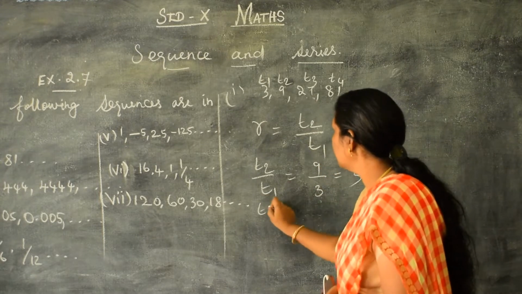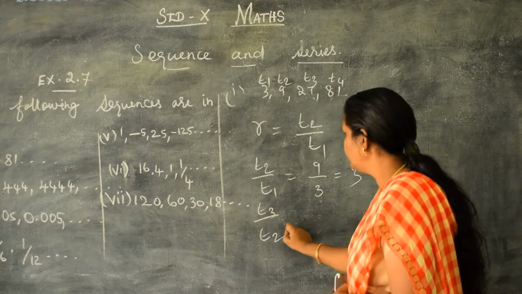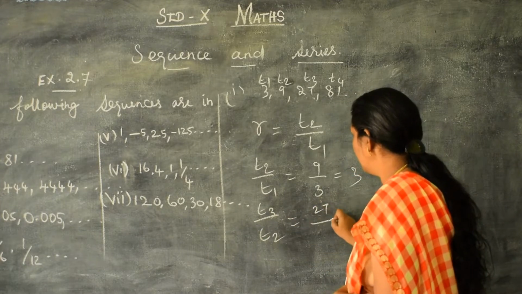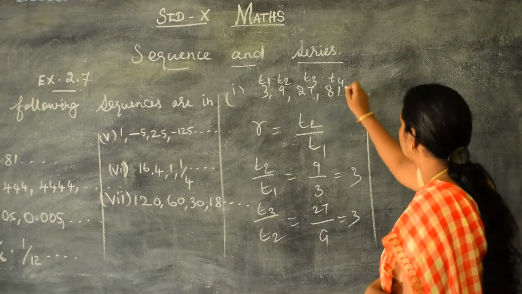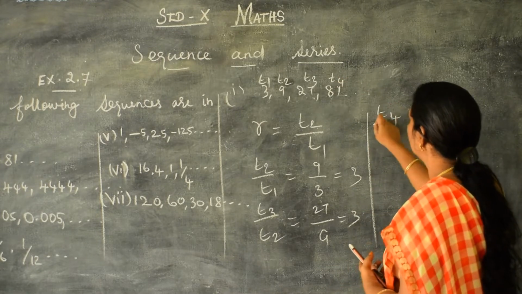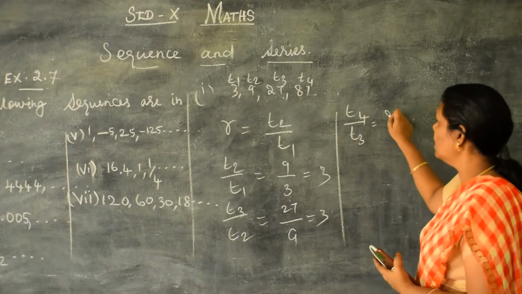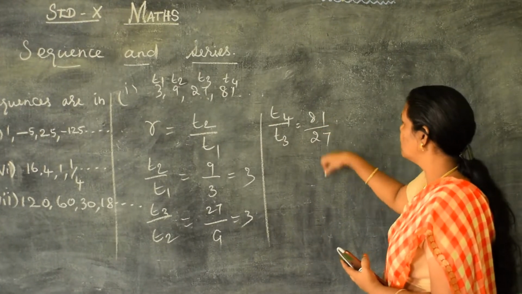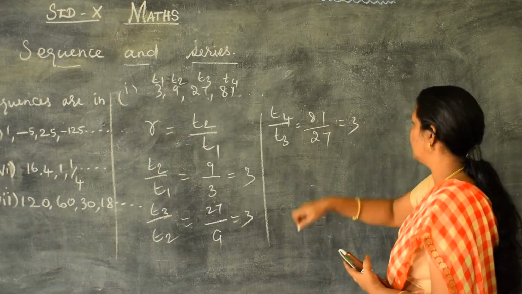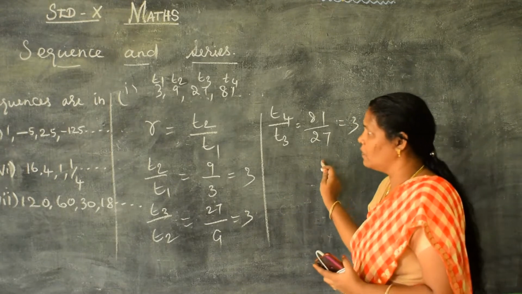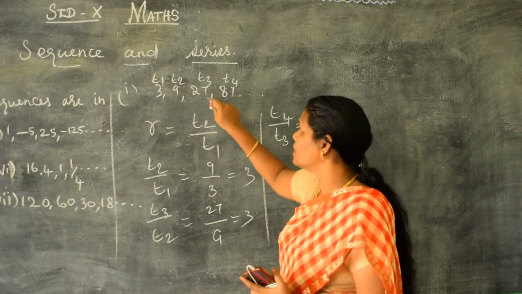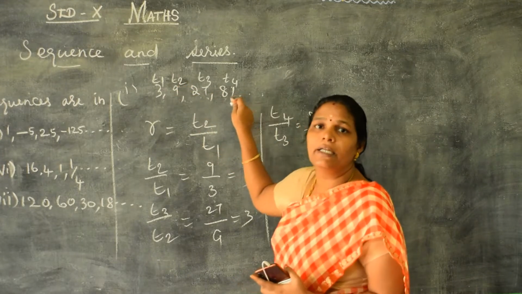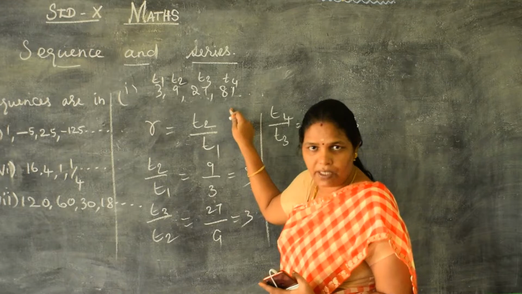Next one, T3 by T2, 27 by 9, so I am getting 3. Next, T4 by T3, 81 by 27, again you are getting 3. So as I said before, if the ratio between the successive terms is equal, then it is known as a GP.